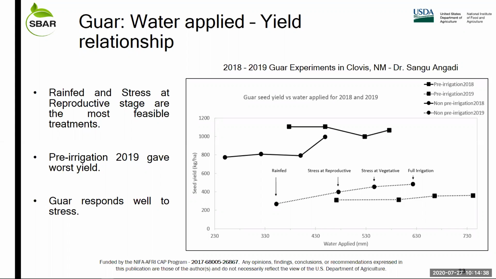The results show that the 2019 experiment did not work very well, and we are trying to do some reasoning to see what the reasons were. Somehow there were more rainfall events. There was a little bit more irrigation as well in 2019.